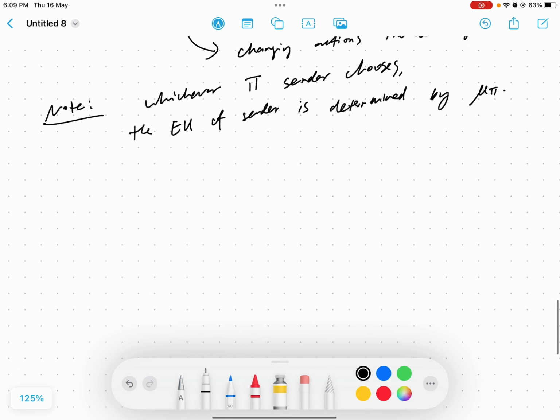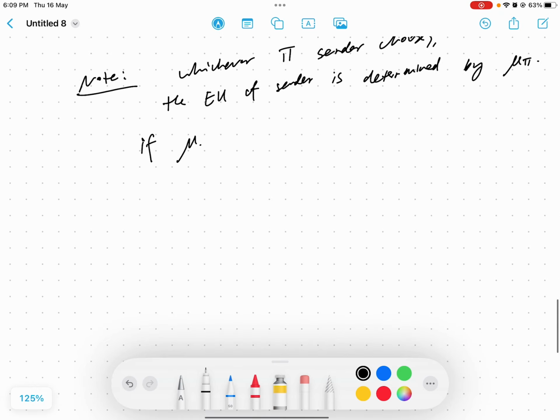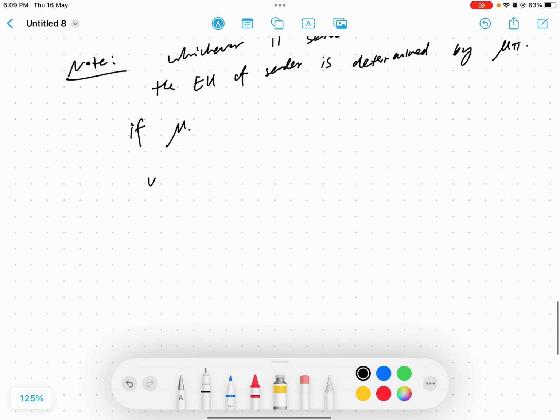So it means that if we have a posterior belief as mu, then we can use this v hat, which is a function of mu, and it's simply the expectation with omega realized according to mu, of the expected utility of the sender given the action of the receiver for this posterior mu, and omega.